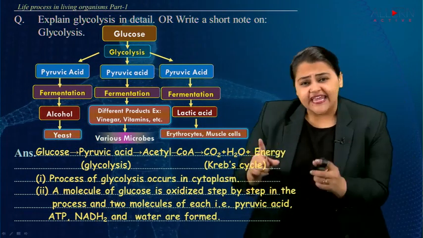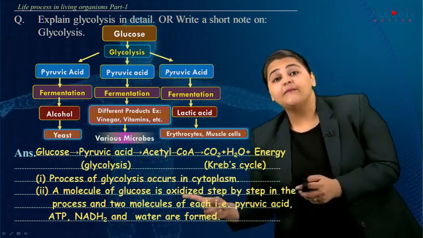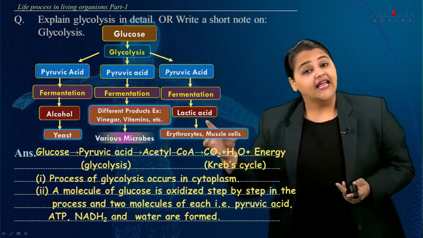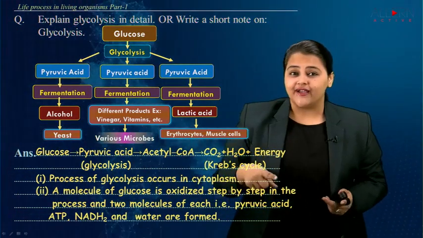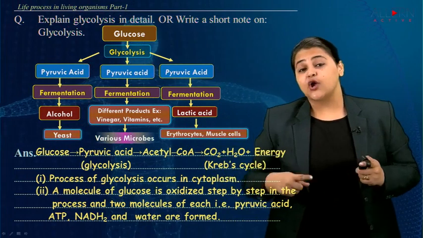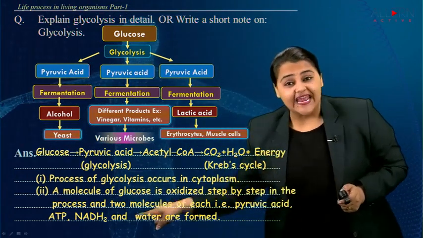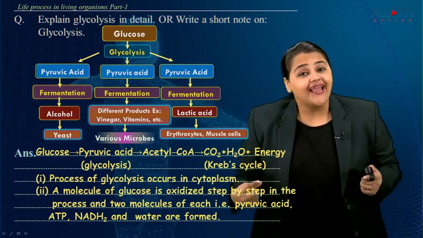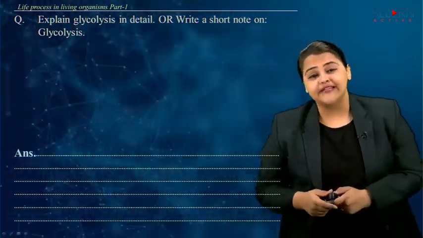Now in this case, this pyruvic acid will be converted into acetyl coenzyme A, and this acetyl coenzyme A will then enter the mitochondria to be used in a process called the Krebs cycle. A cofactor, NADH2, is formed, and this cofactor will help all of these cycles perform very smoothly.